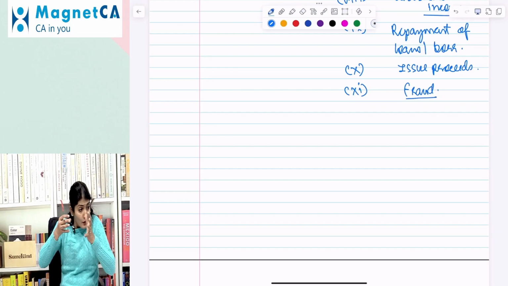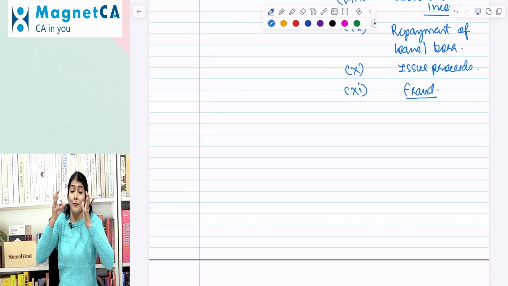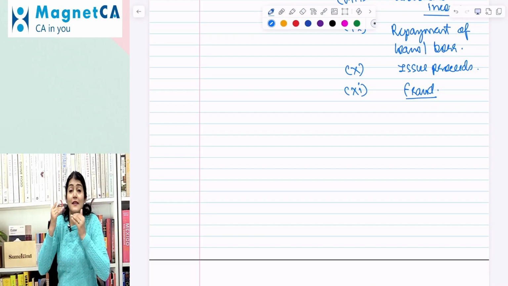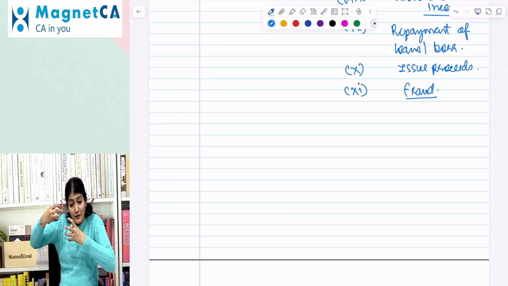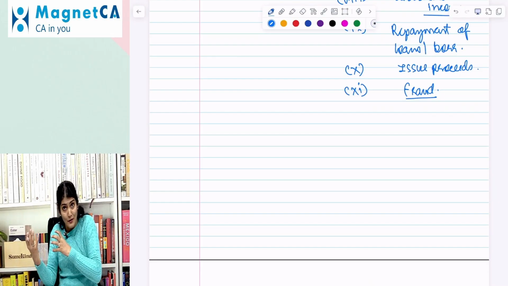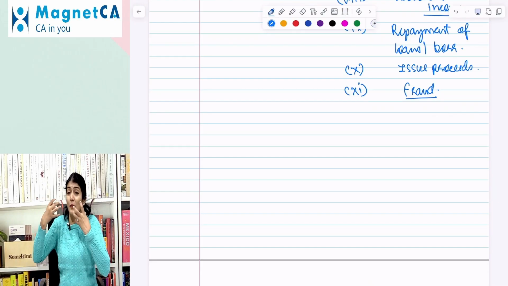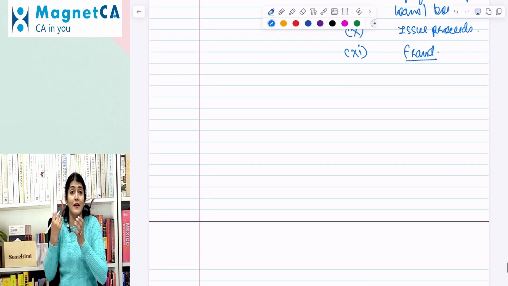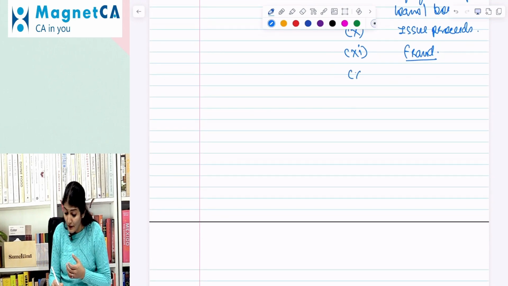Any fraud on or by the company noticed or reported during the year. If yes, the nature and amount involved is to be indicated. Whether any fraud reporting has been done to the central government, and whether any whistleblower complaints have been taken into consideration. Then clause 12, it is regarding the Nidhi company.